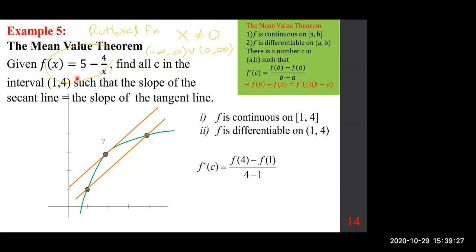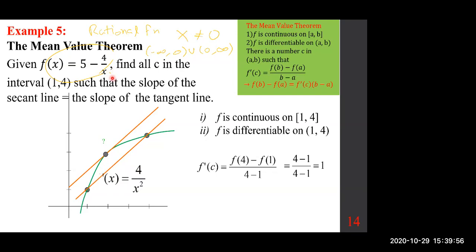Okay, so f of 4, if you plug in, you get 4 over 4 or 1, 5 minus that, it's 4. Okay, and f of 1 would be 1, so this is 1. So you differentiate 5 minus 4 over x, or simply 5 minus 4x to the power of negative 1, and it becomes 4 over x squared.